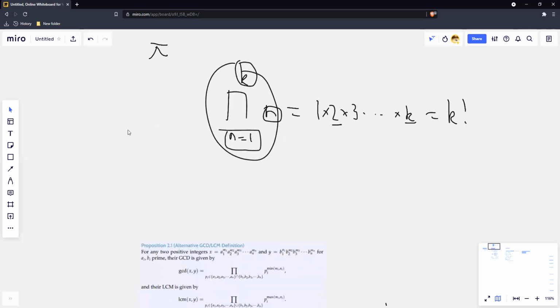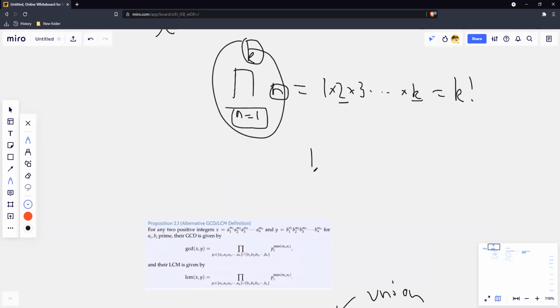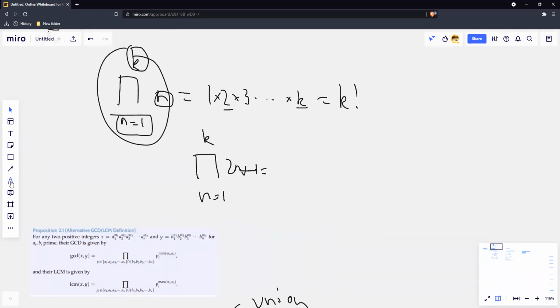Let's do another one. n equals 1 up to k, of 2n plus 1. That means we have 3, and then since it's product notation we multiply by the n equals 2 term, which is 5, then n equals 3 gives 7, and all the way to 2k plus 1.